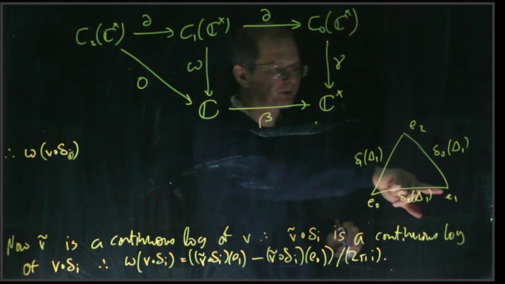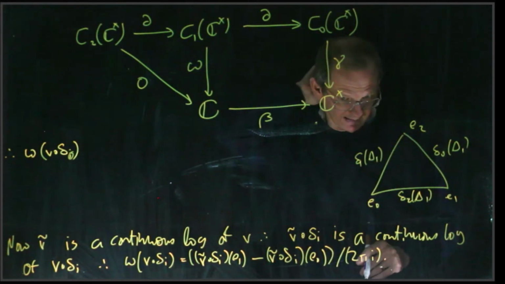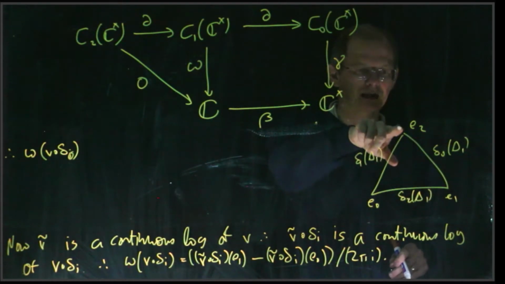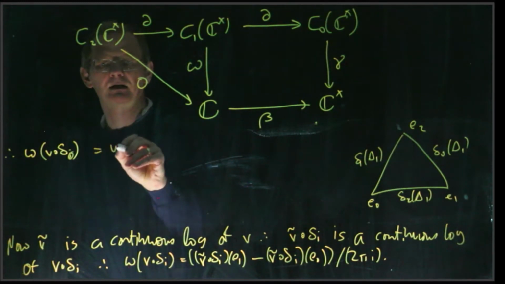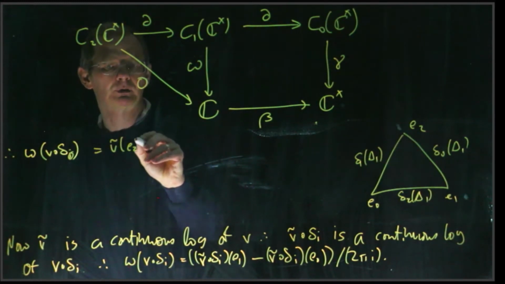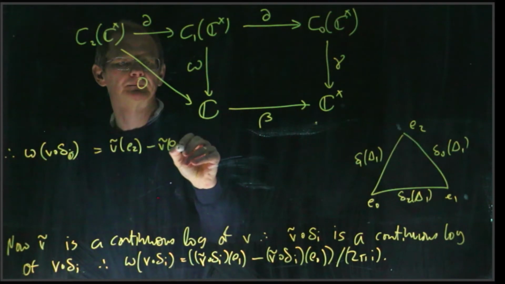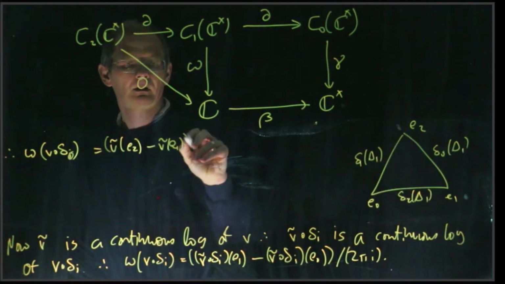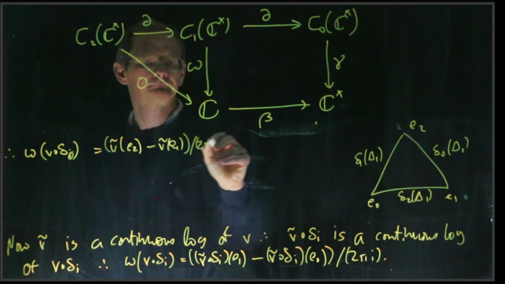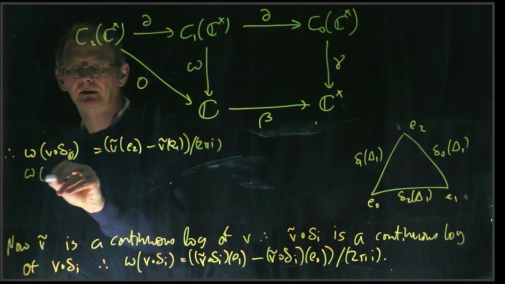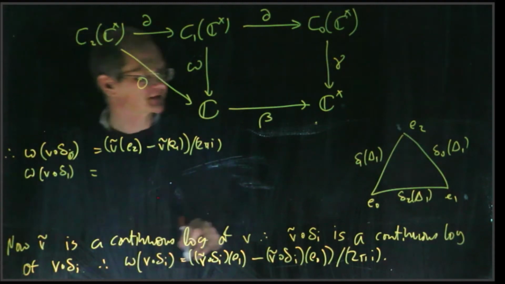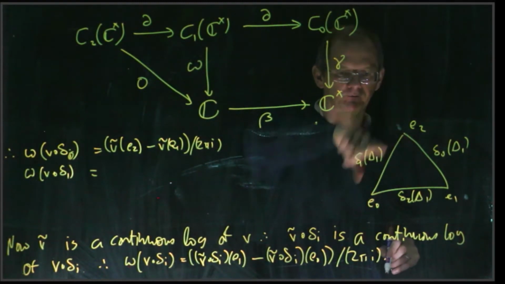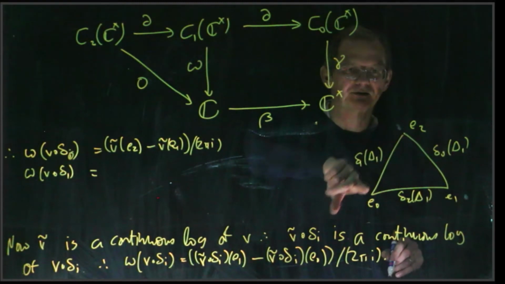So that's kind of looking along here, and so you take the value of v tilde at the endpoint minus the value of v tilde at the beginning point. So that's going to be v tilde E2 minus v tilde E1 over 2 pi i, omega of v composed of delta 1 in the same way. Here's your v composed of delta 1, so you're going from E0 to E2.